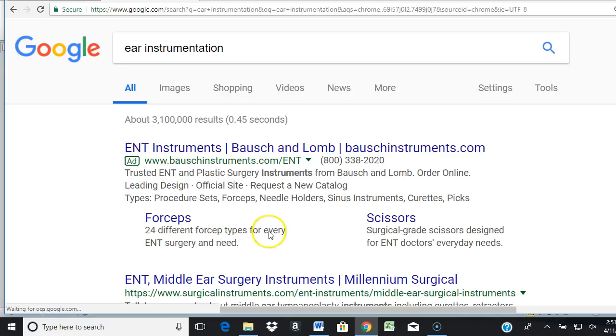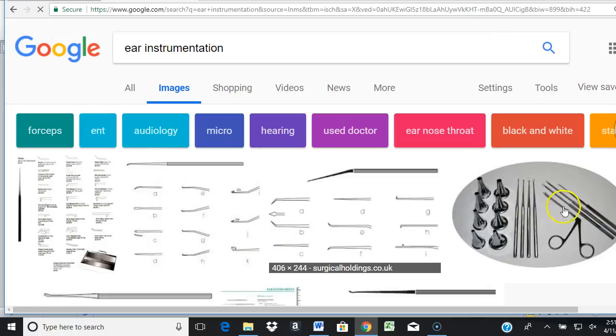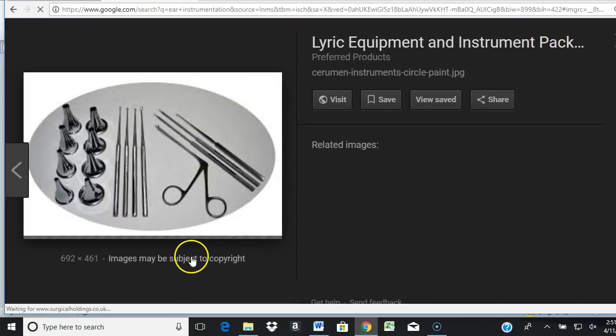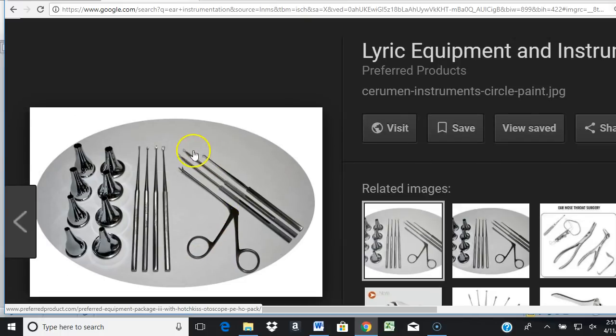And there's a lot of different little loops and things like that we can see. Depending on what they need, we have these little loops which can go in and kind of grab the earwax. You can see we have different types of scissors that can go in. We have other pieces of instruments that can kind of scoop and scrape.